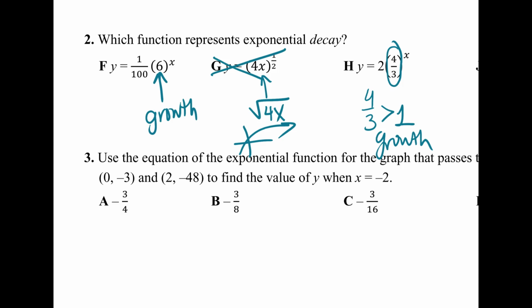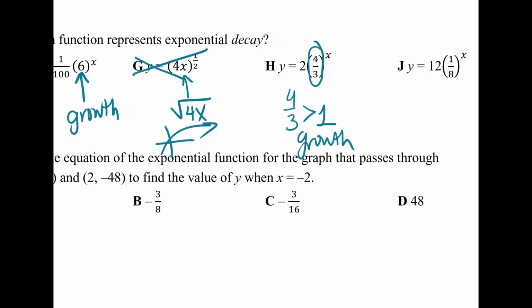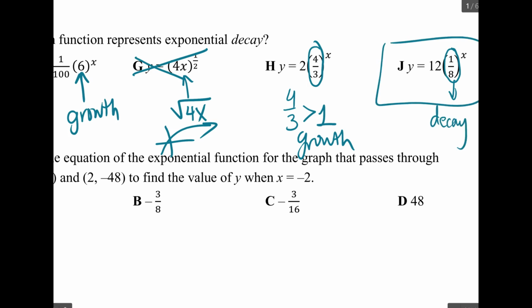That's how you know if it's over 1. If I had 1/3 or 2/3, the numbers on top are smaller than the bottom, so it's less than 1. 4 is bigger than 3, so this is bigger than 1. Here I have 1/8 as my base, and that is decay. So the answer is J.